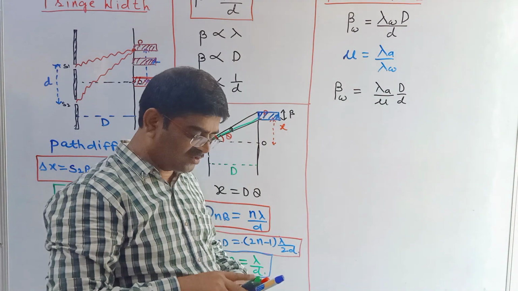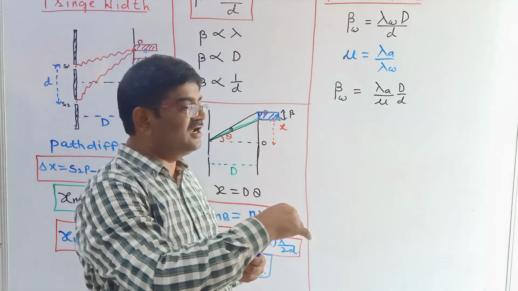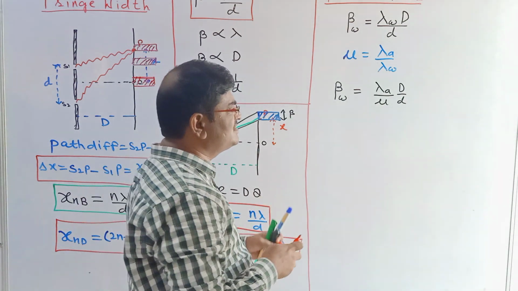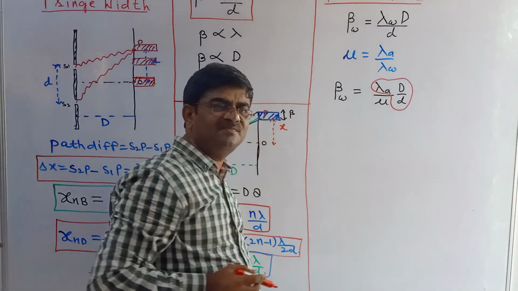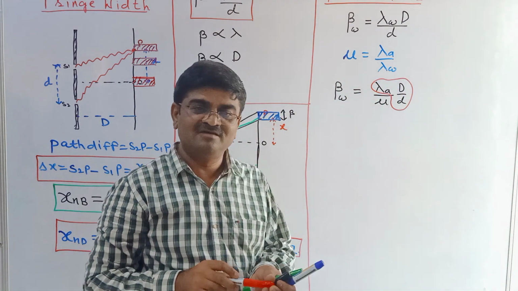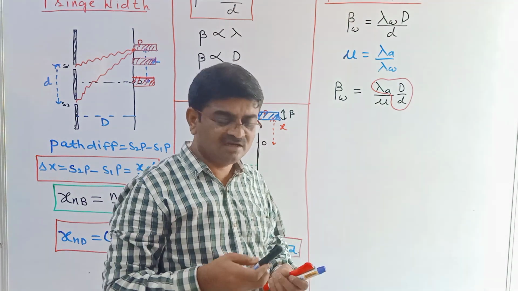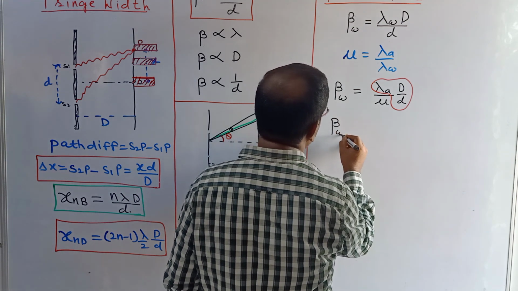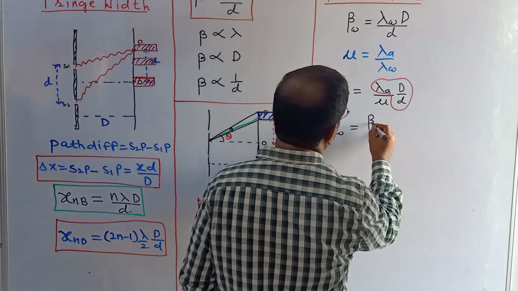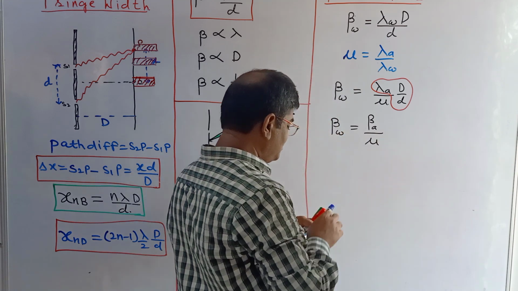See what new term has come is a mu, and you can very easily understand that. So what does it represent for air media, when the setup was in air. So I can write then fringe width in water to fringe width in the air divided by refractive index.